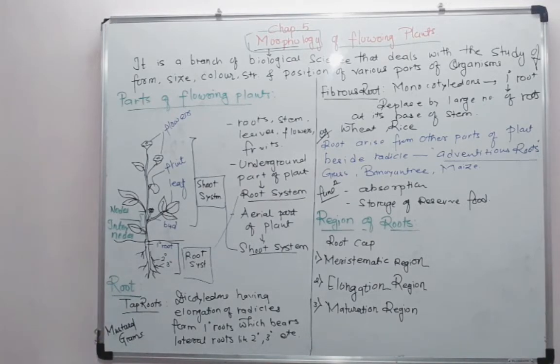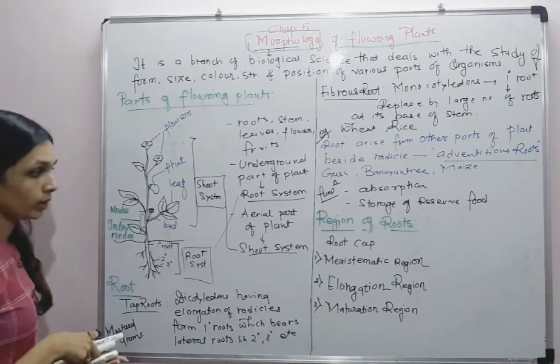There are actually three types of root, but we have to see the main two types: taproot and fibrous root. We have already discussed this in the angiosperm, dicot and monocot part.